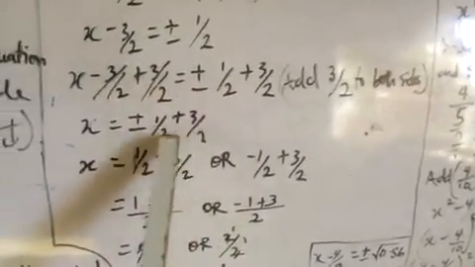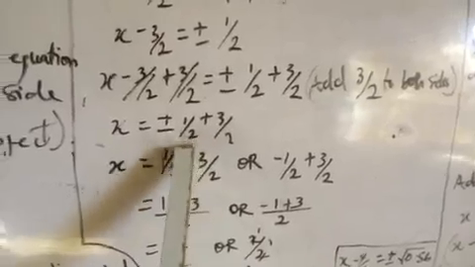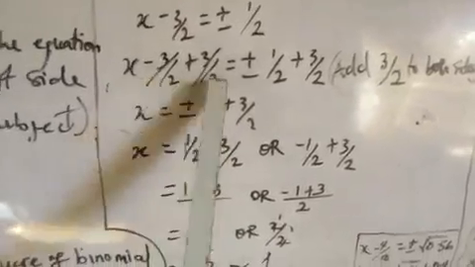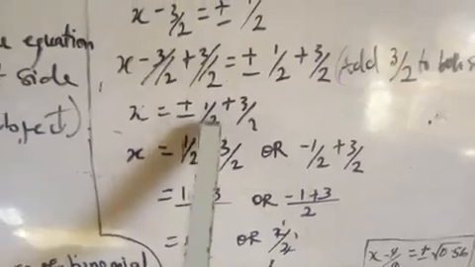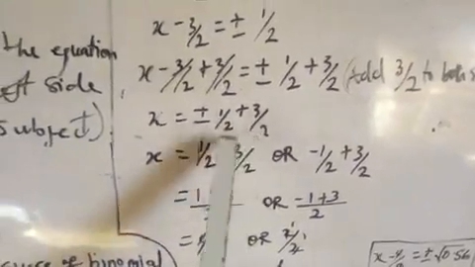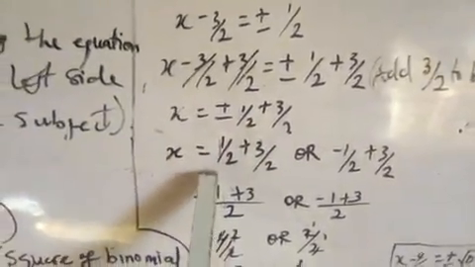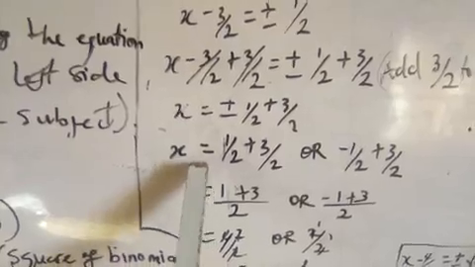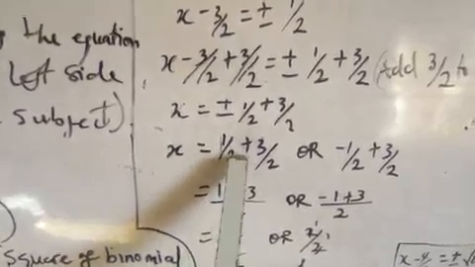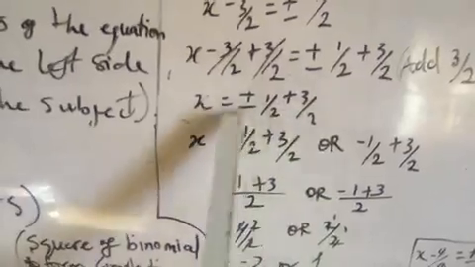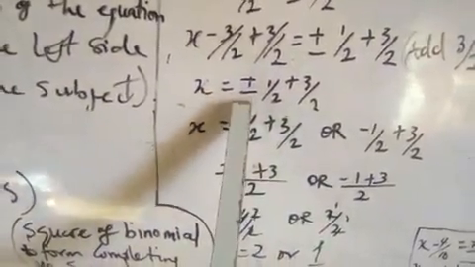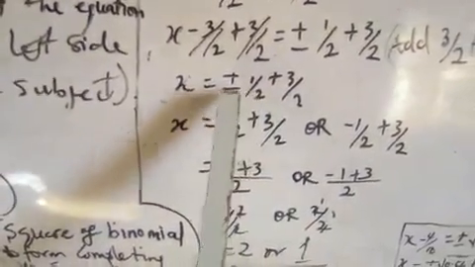This one cancels this now, so you have your x is equal to plus or minus 1 over 2 plus 3 over 2. Find your LCM. You do x is equal to 1 over 2 plus 3 over 2 or minus. This positive or negative is telling you that the value could be negative or could be positive.